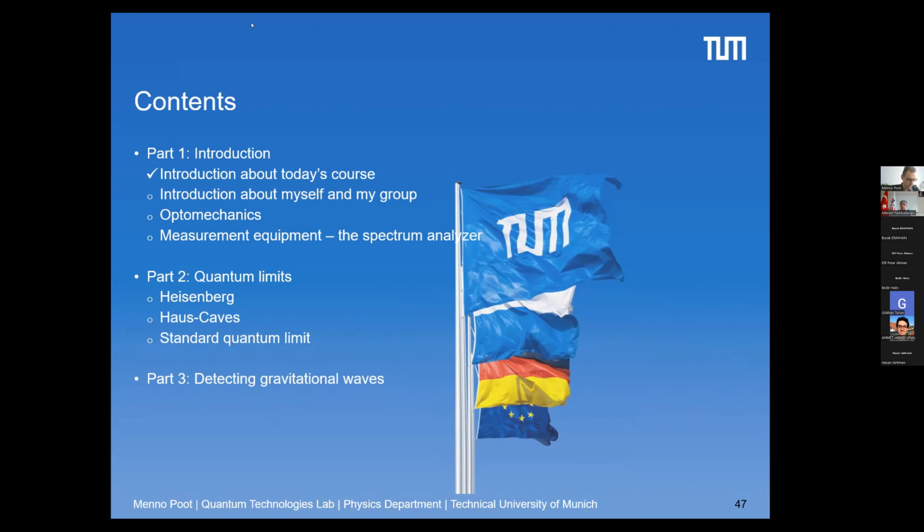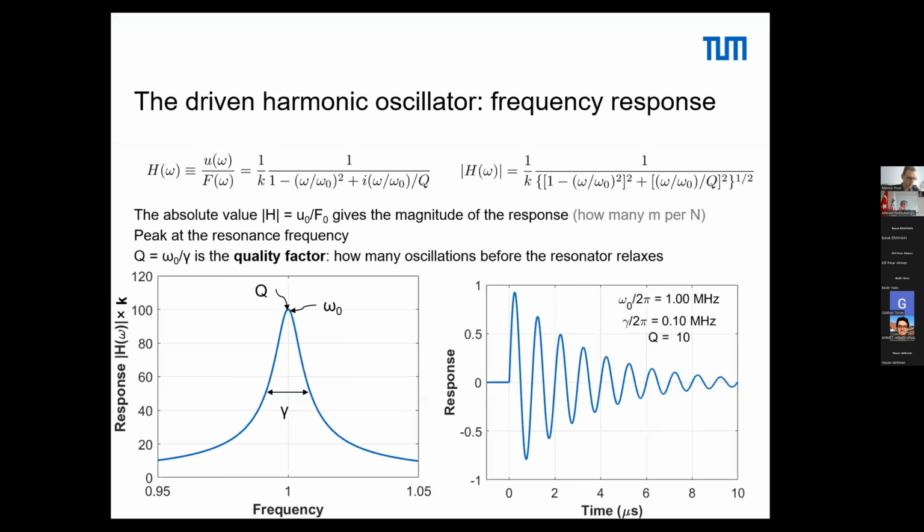In this case, the damping rate of the harmonic oscillator that we talked about before, this gamma, this damping rate, tells us how quickly the energy leaks out, and is of course something that we want to have as small as possible. In other words, we want to have the quality factor as high as possible. And that is one of the big goals in nano optomechanics, to make this gamma as small as possible, to make the quality factor as high.